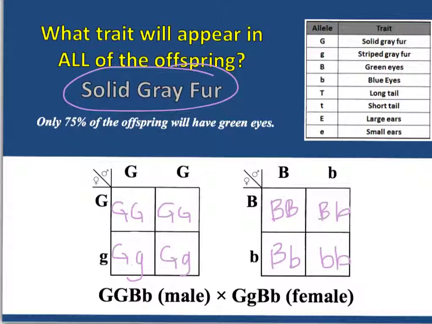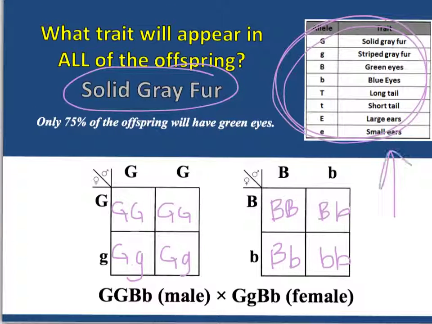Now, if you're having issues figuring out what each one stands for, if ever you see a big letter, you're going to use your chart over here. You will always have a chart. You're going to figure out if it's dominant, recessive, and all of this. Then I want you to write in each box what is going on. So if you have a big G, your trait is solid gray fur.